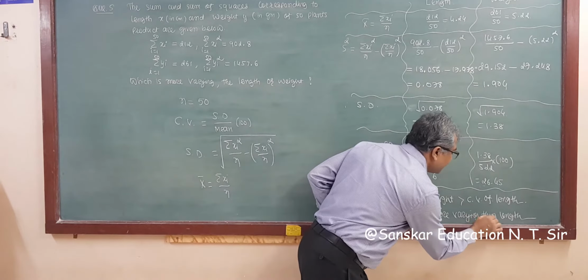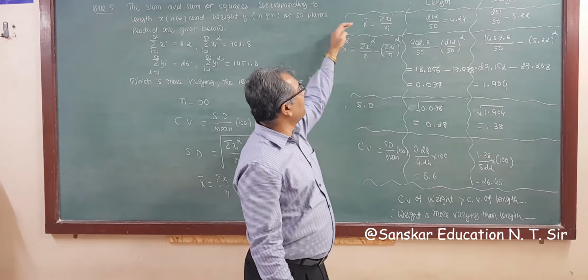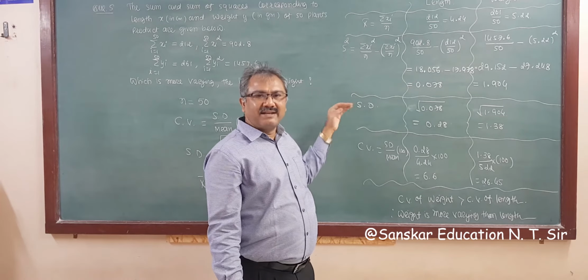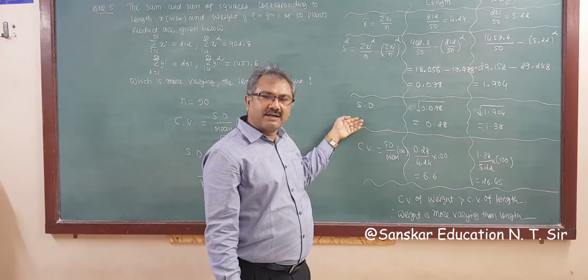So in this type of question, you have to solve according to this. Either without tabular form, you can solve for length first, find out sigma, mean, variance or directly standard deviation, and then CV for length, and then the same for weight, and then compare. But I think this is the easiest form to compare two data.